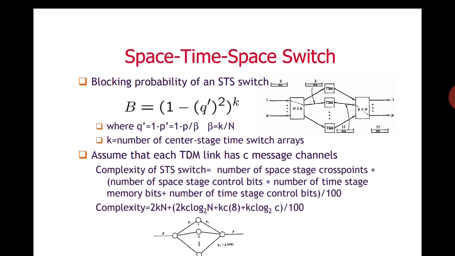Assume that each TDM link has C message channels. Complexity of STS switch is equal to the number of space stage crosspoints plus the number of space stage control bits plus the number of time stage memory bits plus the number of time stage control bits.